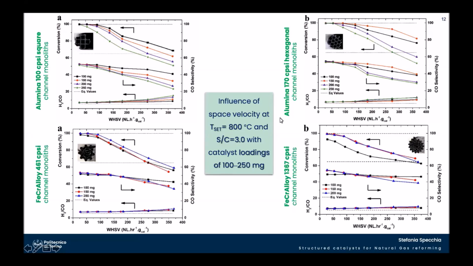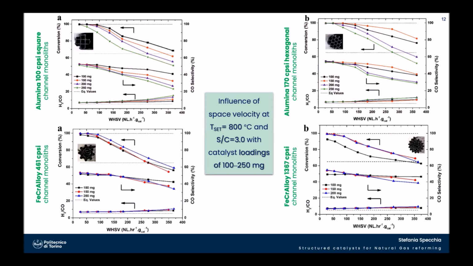And so we worked at 800 degrees as temperature and steam to carbon ratio of 3 with different amounts of catalyst. So because we work with 4 different loadings, so 100, as you can see here, 100, 150, 200 and 250 milligrams overall of catalyst placed on the structures.